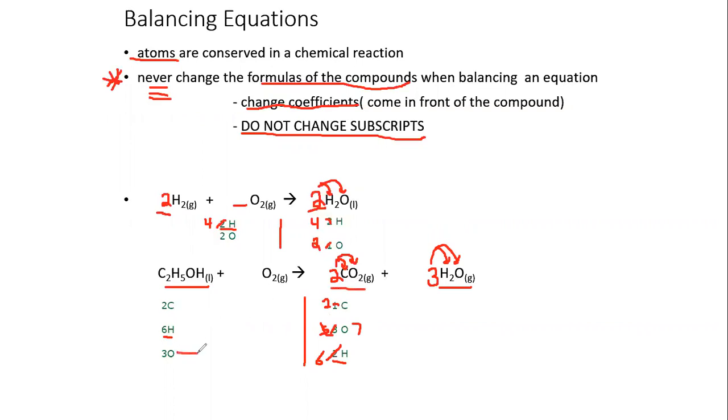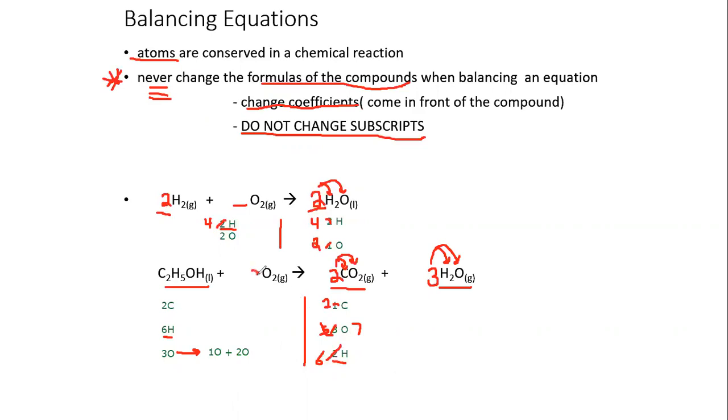But notice on the reactant side, it's not all 3 oxygens on the same reactant. We have 1 oxygen on one reactant and we have 2 oxygen on another. So what we can do is, since there's one reactant that has 1 oxygen, the other one has 2, we can actually balance the oxygen so they have a total number of 7 by adding a 3 in front of the O2.